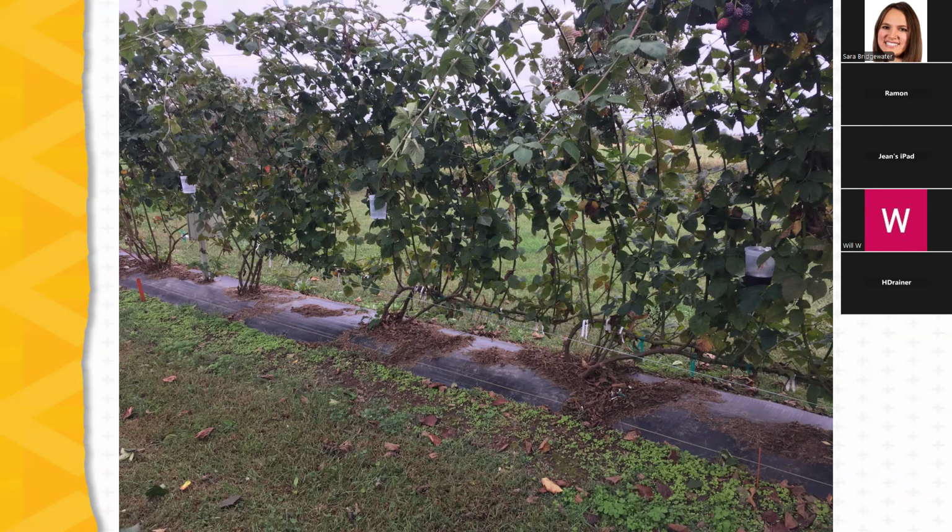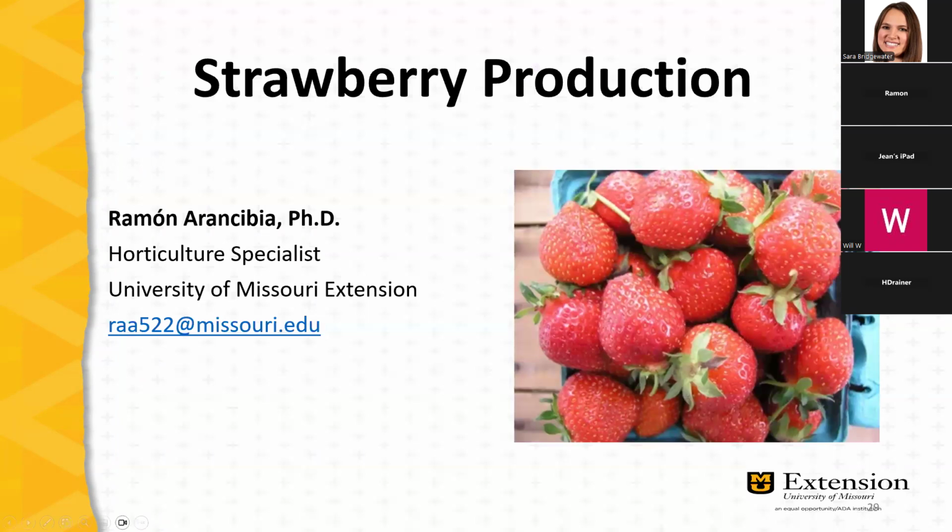It's a little more expensive than the thin plastic that we use in most crops, but this one will last a lot. So it is worth it to pay a little more for it to keep the row free of weeds. And that's what we have for brambles, raspberries, and blackberries.